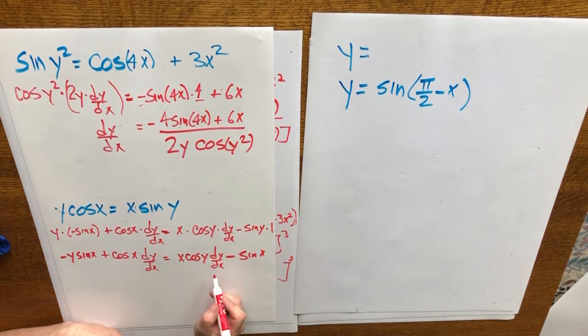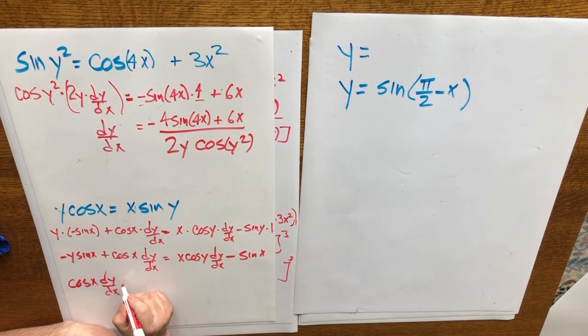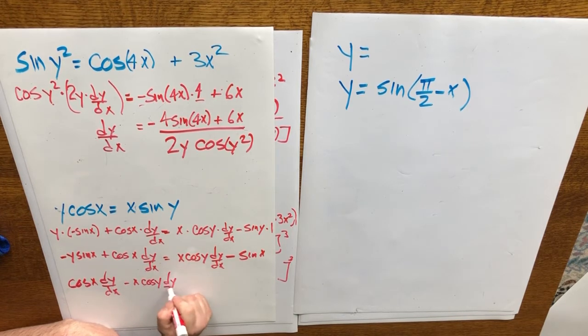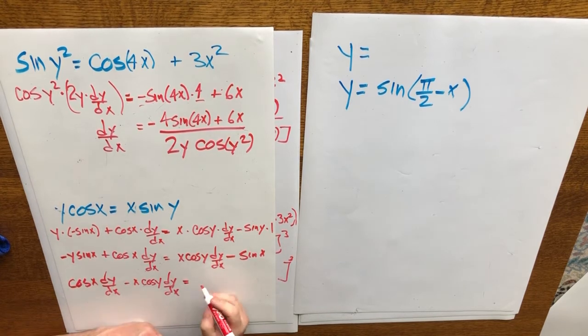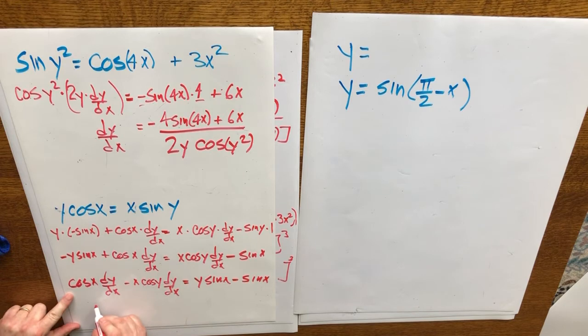So I'm going to move the terms with dy over dx to the left-hand side. I'm going to leave cos x dy over dx over here. I'm going to transpose minus x cos y dy over dx to the left-hand side, and that's going to equal positive y sine x, moving this term over to here, minus sine x. And I'm running out of room a little bit here, so I want you to imagine common factoring dy over dx out of this group right here.